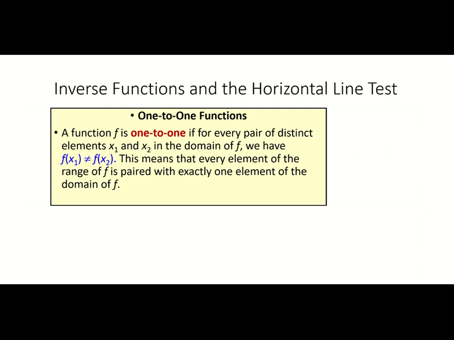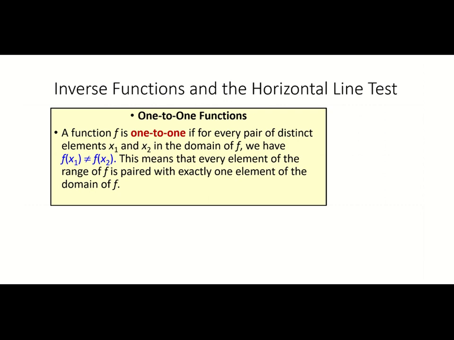One-to-one functions means that every pair of distinct elements in the domain is paired with exactly one element. So basically one element of the domain is paired with one element from the range, and they're all different. Before we may have had two different domains like 1 and 2, and they both go to the same range of 3.